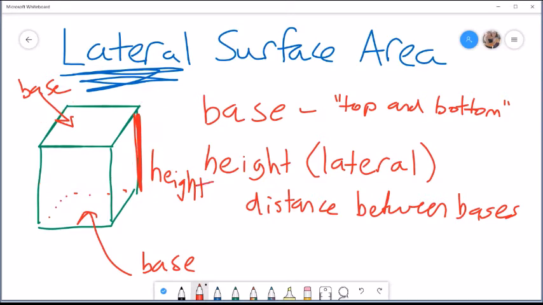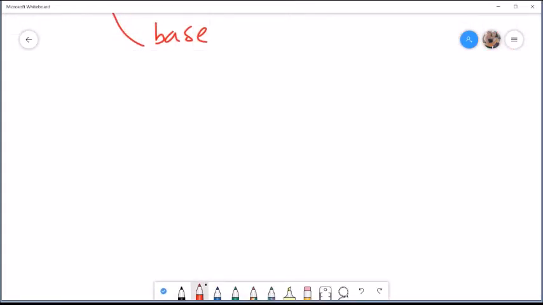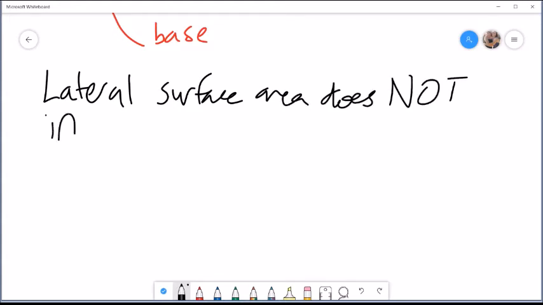So I'm going to slide down here. Lateral surface area does not include the areas of bases.